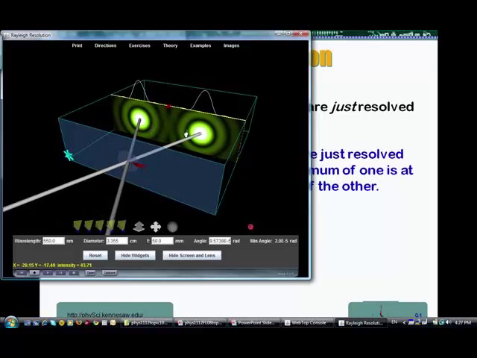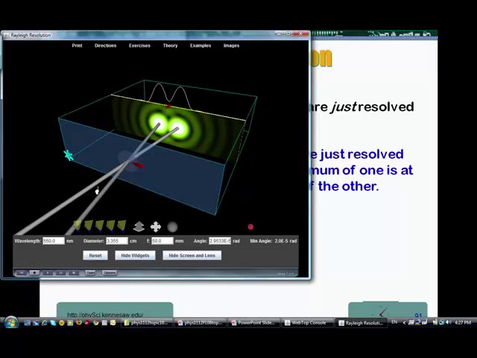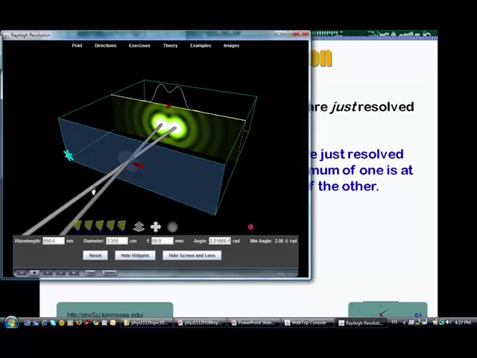This is the minimum of one, that's the minimum of the other one. So it is barely resolved when the maximum of the second is going to coincide with the minimum of the other one. That's the Rayleigh criterion.